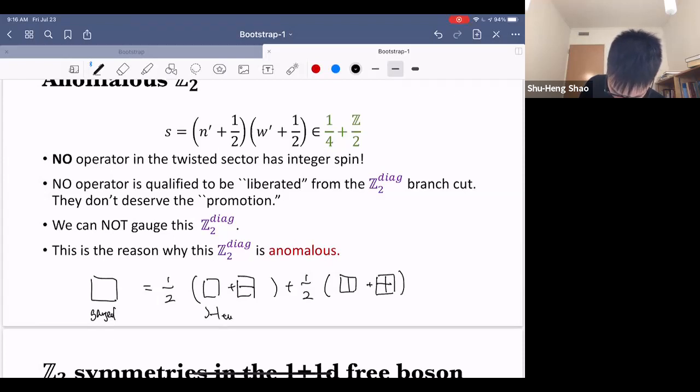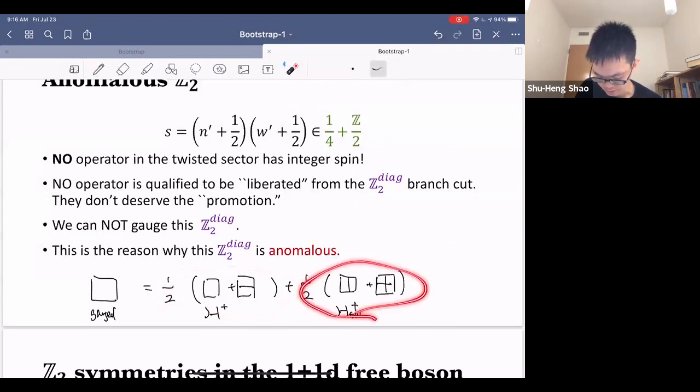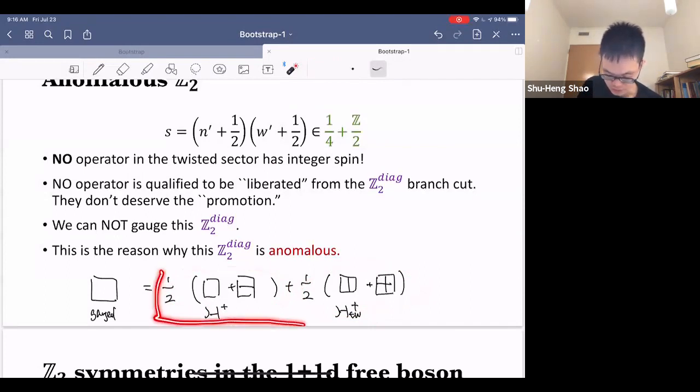This comes from the Z2 even untwisted sector state. This comes from the Z2 even twisted sector state. And another consistency check at the level of the torus partition function is that the right-hand side is manifestly modular invariant, because as you do S, you just exchange these two terms.